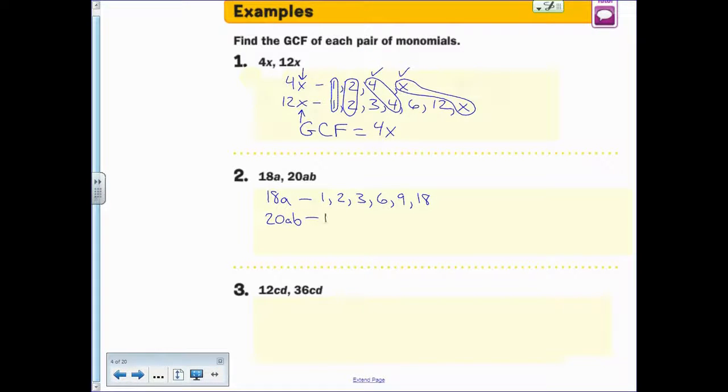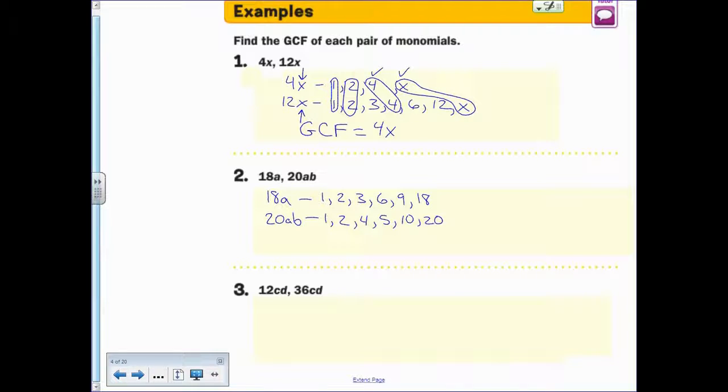What about 20? 1, 2, 4, 5, 10, and 20 go into 20.